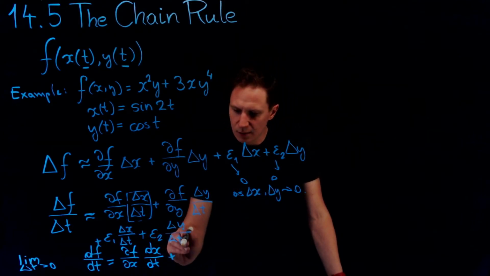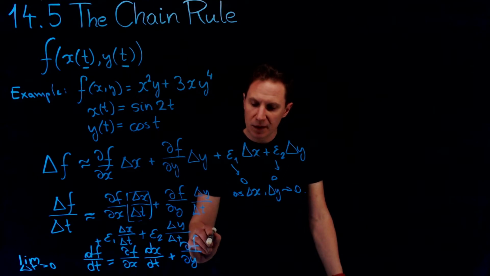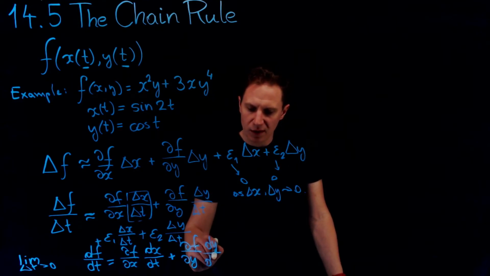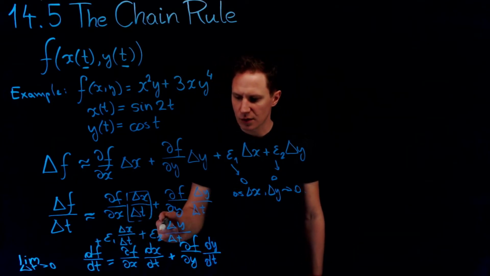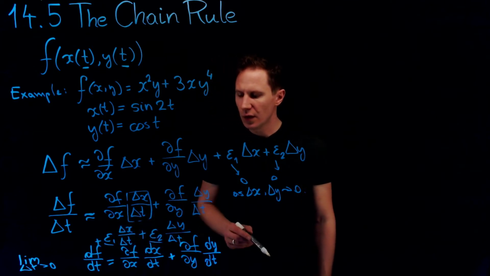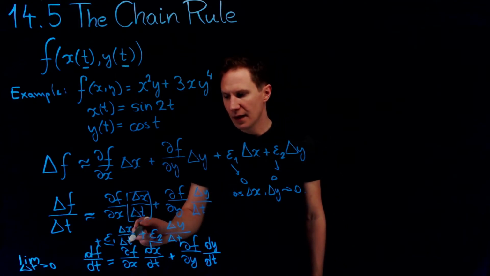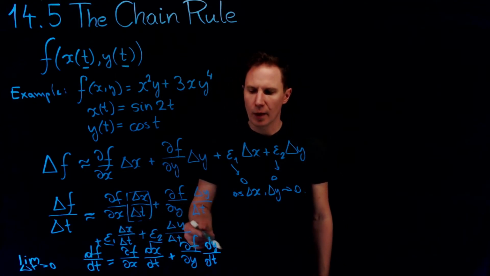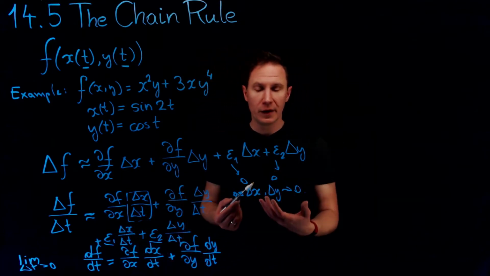The second term is similar, but x is replaced by y, so the partial derivative with respect to y times the derivative of y with respect to t. Then we would have these extra terms, but in the limit, these epsilon 1 and epsilon 2 go to 0. These delta x over delta t and delta y over delta t go to these derivatives, of course, but the coefficients of these go to 0.